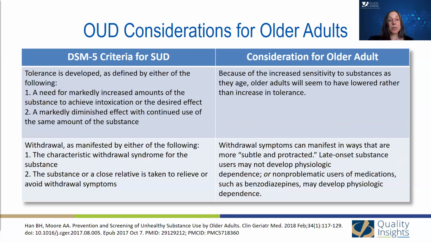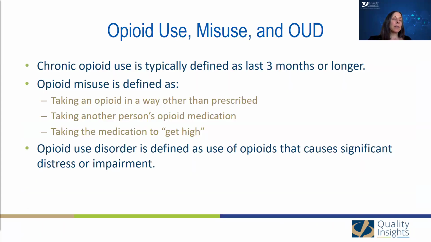Late onset substance users may not develop psychological dependence. So it's really important to take that into consideration when you are screening individuals for opioid use disorder in your facilities. So when we think about chronic opioid use, it's typically defined as 3 months or longer. So you're taking an opioid 3 months or longer.